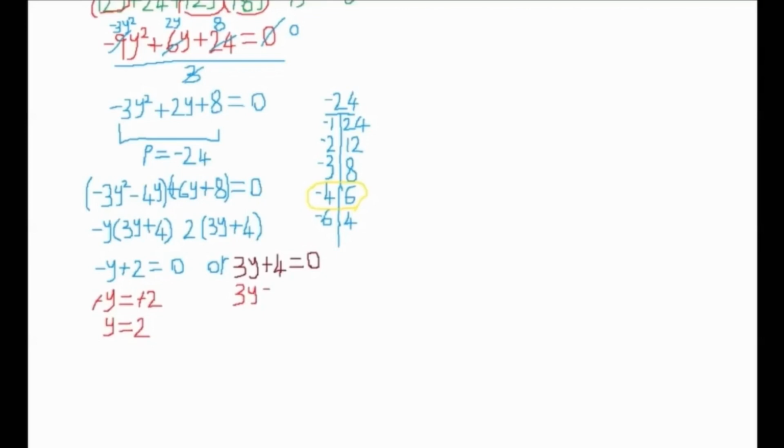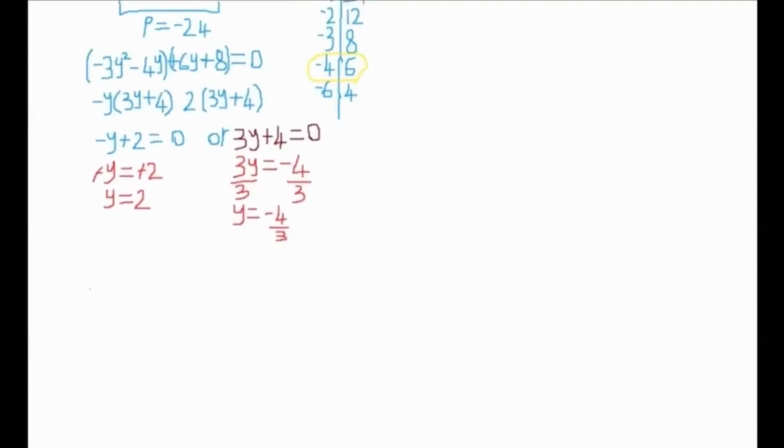The 4 will cross to the right hand side, or when you find the additive inverse of 4, it will be negative 4. So you should now divide by 3 on both sides. So y will be negative 4 over 3. So the values of y are y is equal to 2, or y is equal to negative 4 over 3.